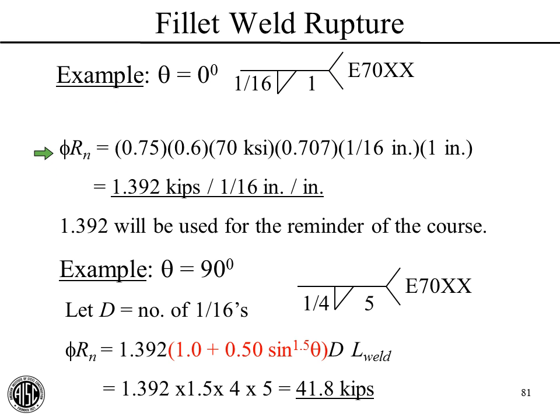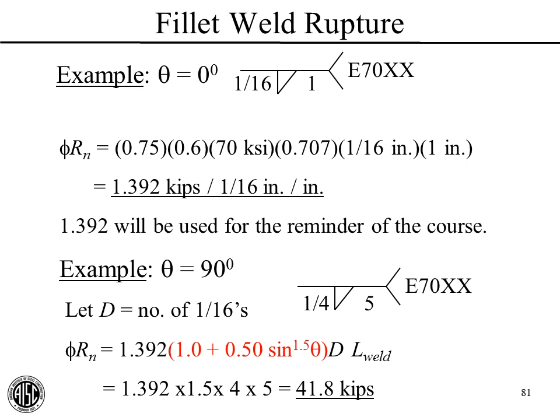Okay, so our strength in this case will be phi of 0.75 times the F sub NW, which in this case is 0.6 times 70 KSI, and times the effective throat, 0.707 times the 16th, and times the length, 1 inch. From that, we get 1.392 kips per 16th size per inch long.